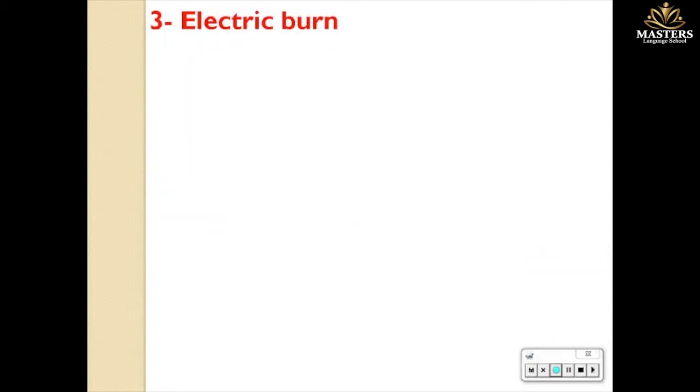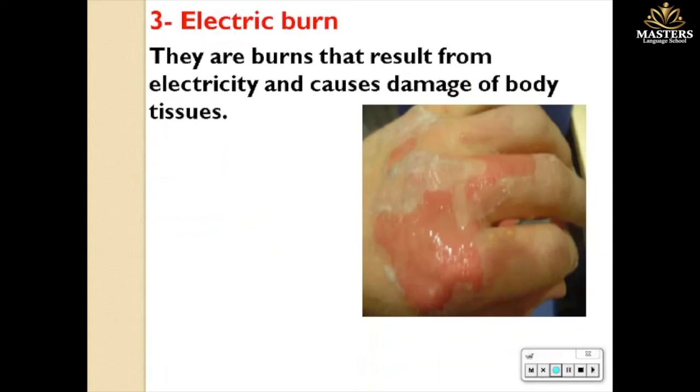Danger number three is electric burn. What's the meaning of electric burn? Electric burns are burns that result from electricity and cause damage of body tissues, like this.